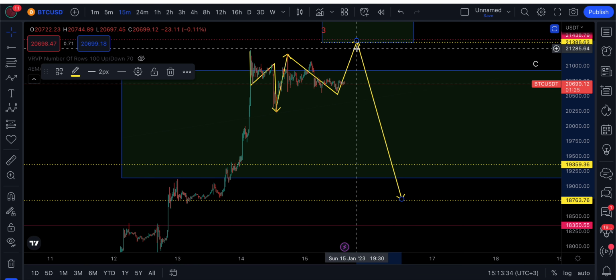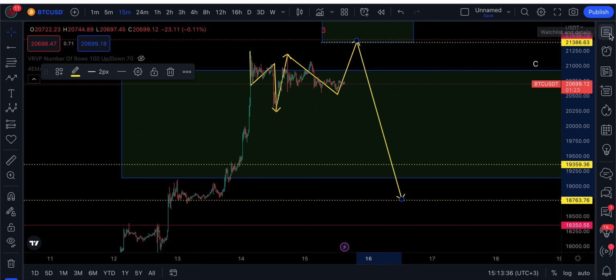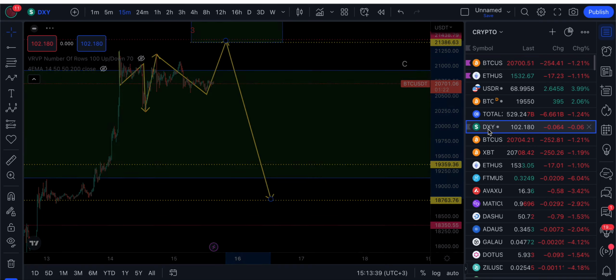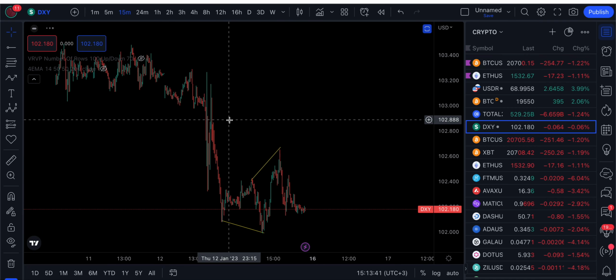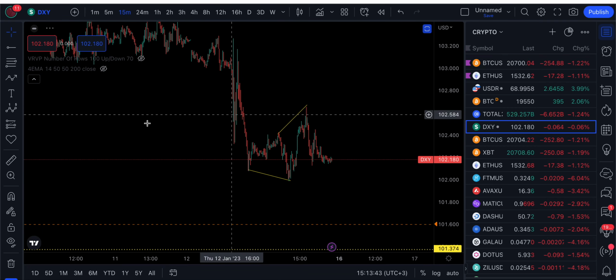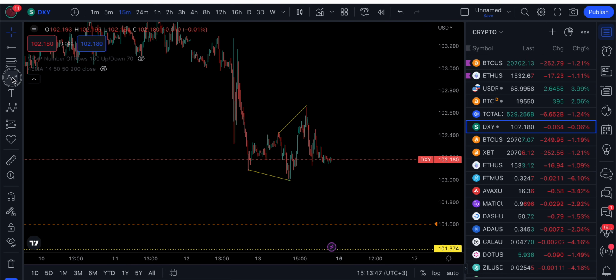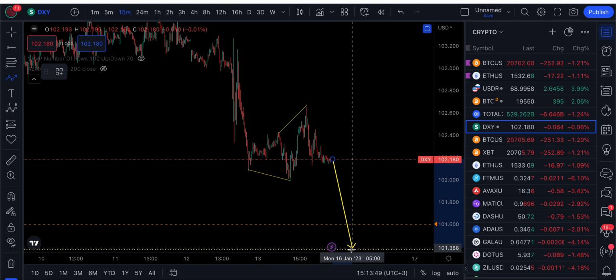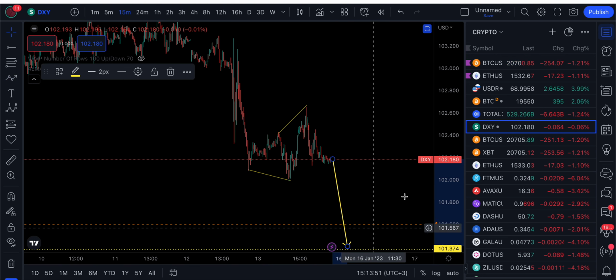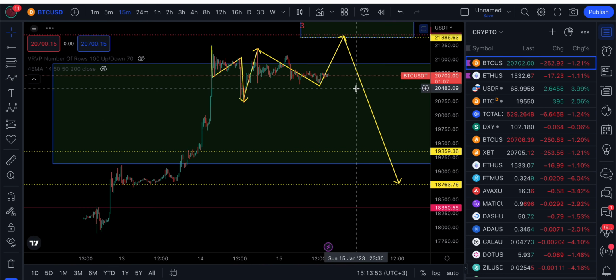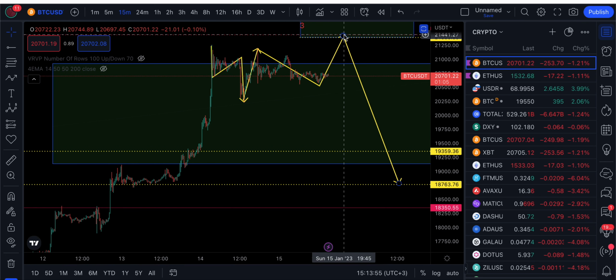And this move to the upside is likely because I'm expecting, let me just show you the DXY. The DXY on a smaller time frame has created this structure. So this is an expanding flat. I'm expecting the DXY to drop some more. And if it drops, BTC on the other hand should be making this move to the upside.